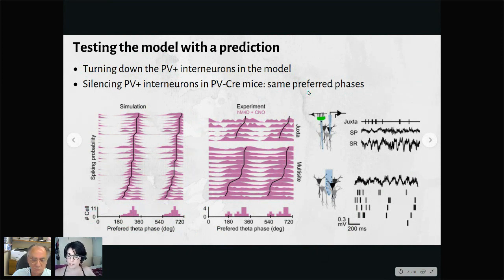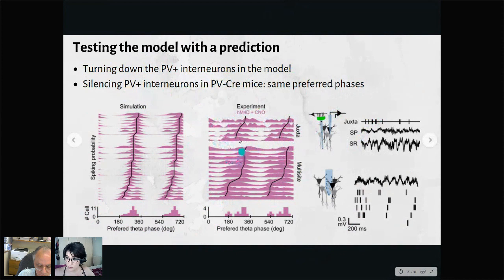The non-computational experiment was this same thing. We silenced the PV interneurons, the interneurons expressing PV in PV-Cre mice, and the results were in both juxtacellular condition with this setup and a multi-site setup.